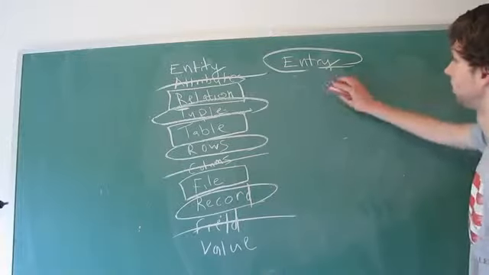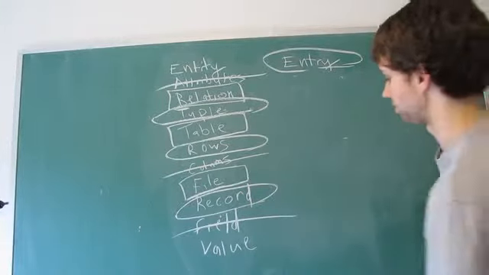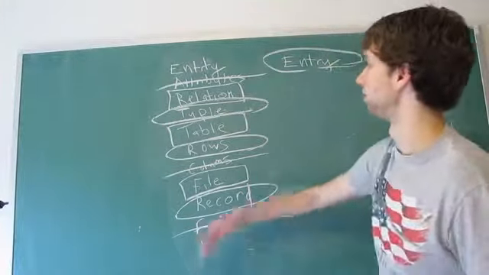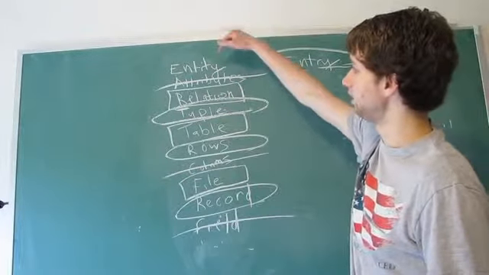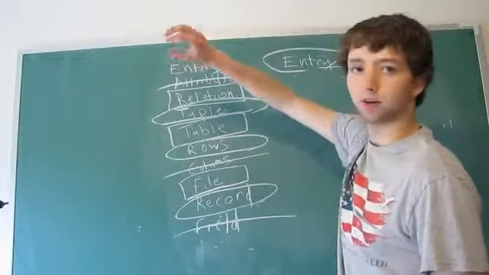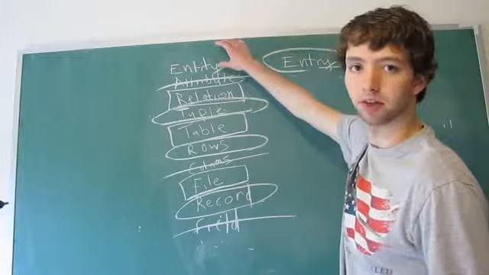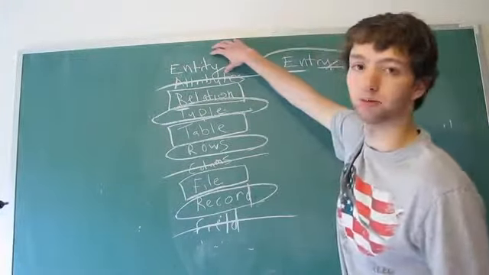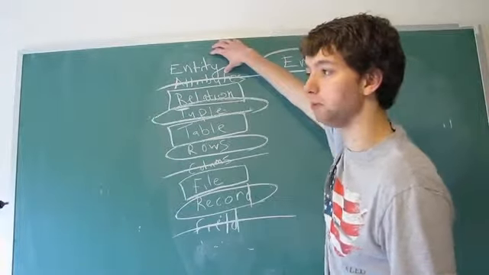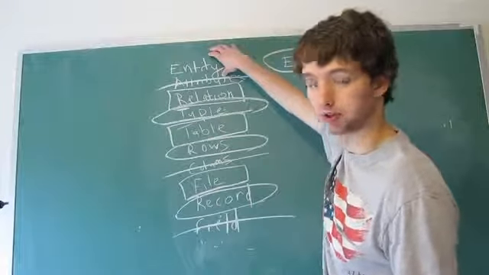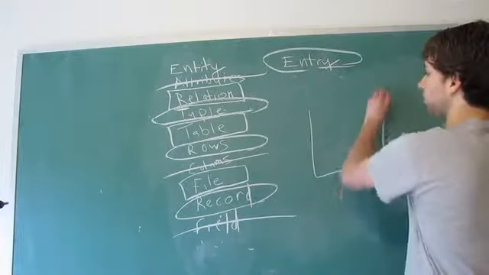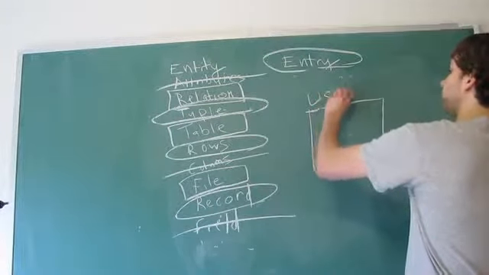Now, entity is what's left that's not circled or crossed out or squared. I don't like to really assign this to a row or a table or anything, because an entity is just something we're storing data about. So that could be an individual row, or it could be the table type. So for example, we have a table for users.